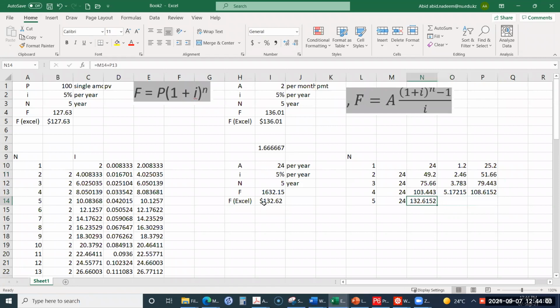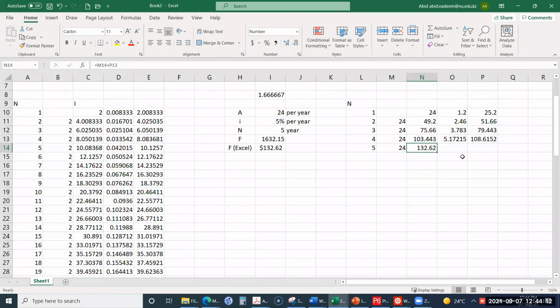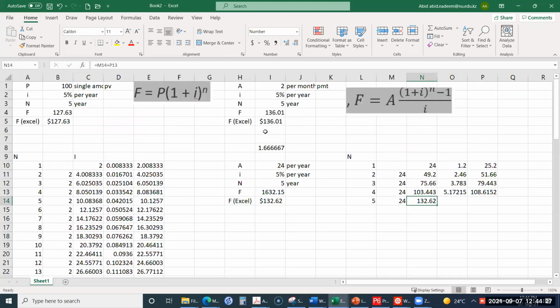So you can see that you will get the same amount, 136.62, 132.6. So you can see that here the number of compoundings is only after 1 year. Okay, but here so many compoundings within 1 year. So based on this compounding of the interest, then the amount accumulated will be much more than in this case.